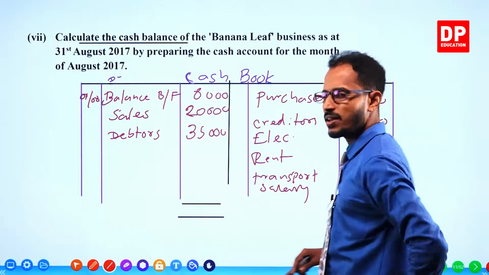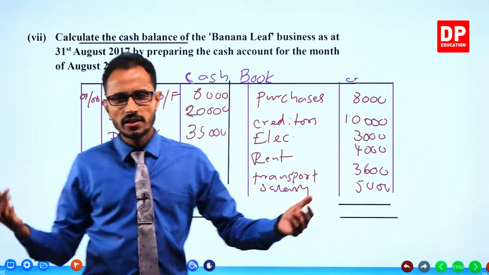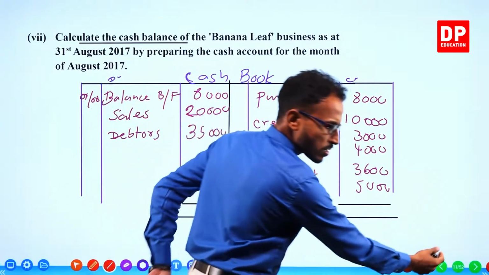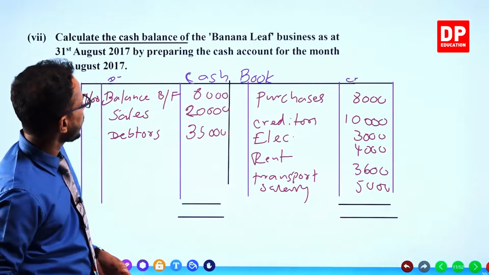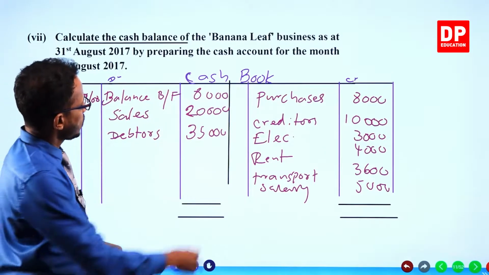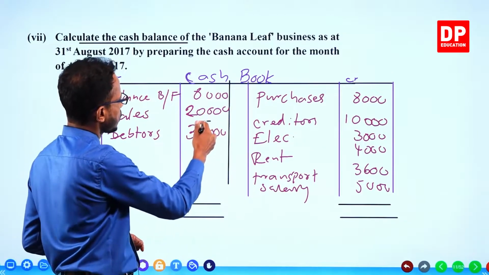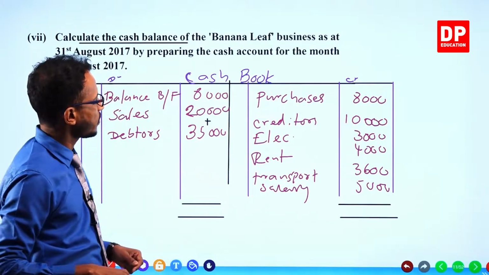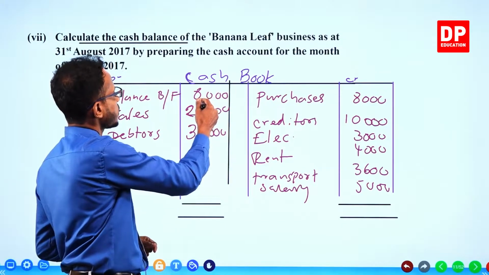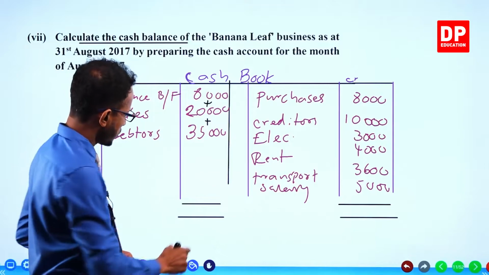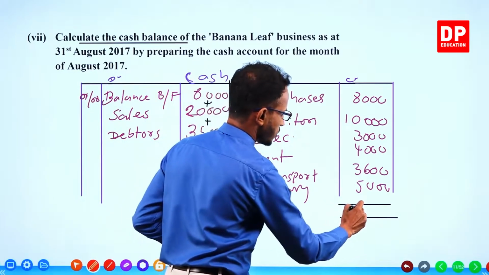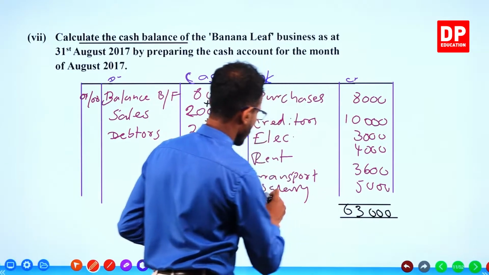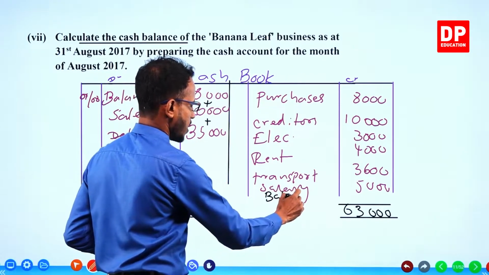You can do it, right? Which side is higher? This side is higher. 35 plus 20, 55. 55 plus 8, 63. 63 on this side. What is the balance carried down?